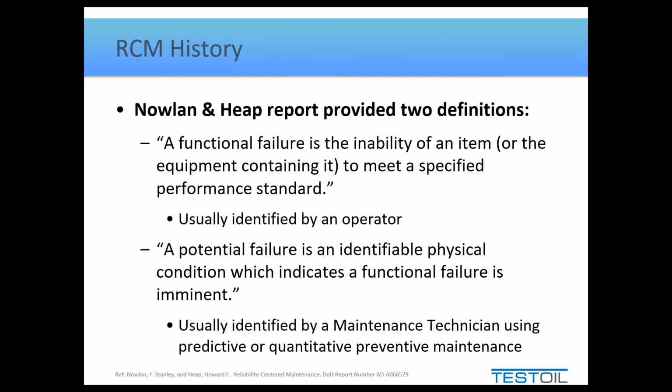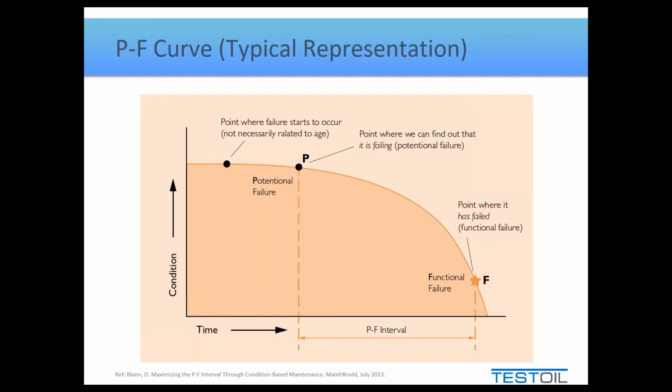On the other hand, a potential failure is the first sign that it will ultimately lead to a functional failure, and that is the kind of thing found by maintenance technicians. If you take those two words, functional and potential, and rearrange them, potential first and functional second, that's what created the PF curve.